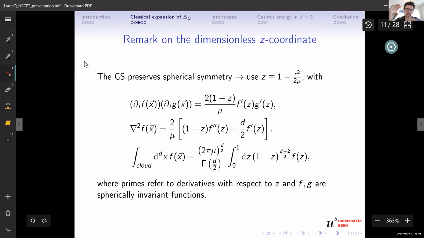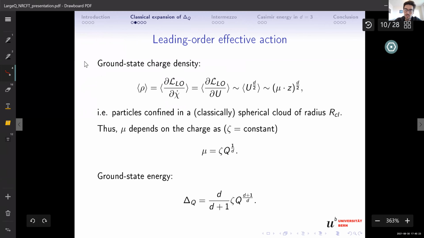Well, my z is actually 0 on the boundary and 1 in the center. So any integration over the whole cloud is turned into an integration from 0 to 1, and then I get just some prefactors. And an important thing to notice is that the volume of the cloud goes like mu to the power d over 2, which is just our cloud to the power d.